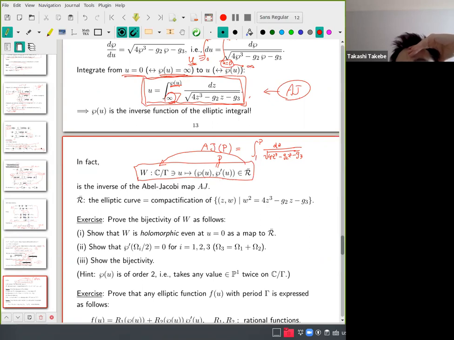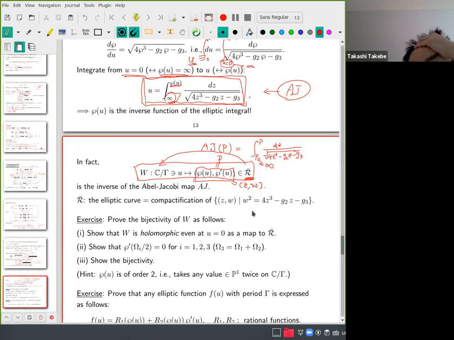And yeah, P0 should be, in this context, infinity. One. First, yeah, this pair belongs to this elliptic curve.